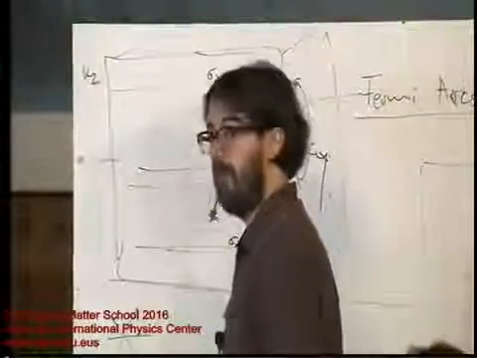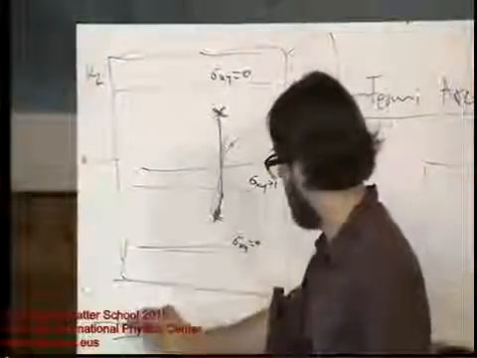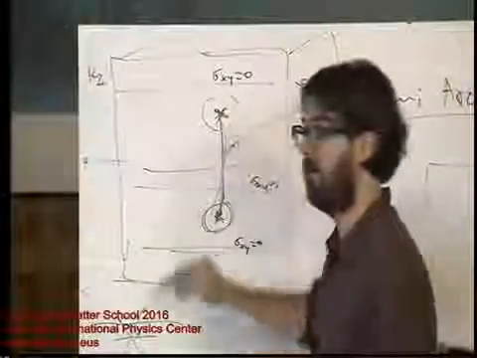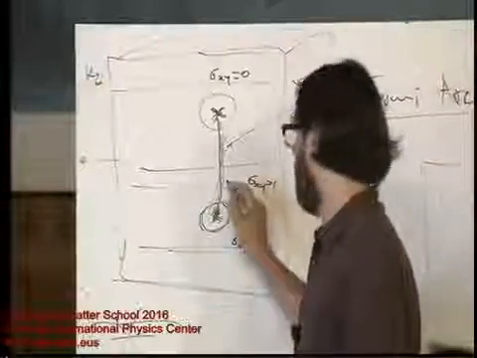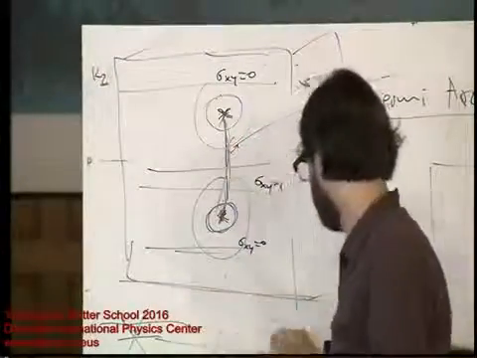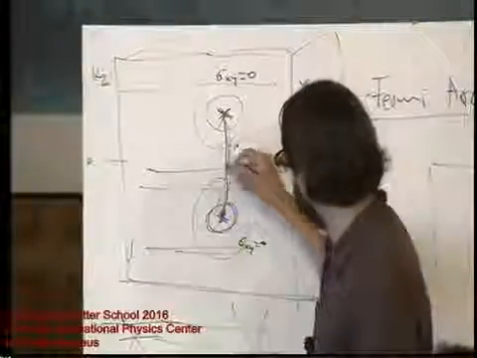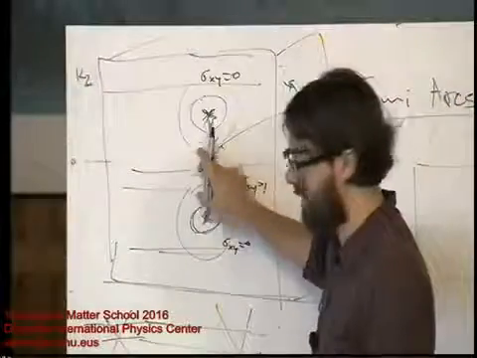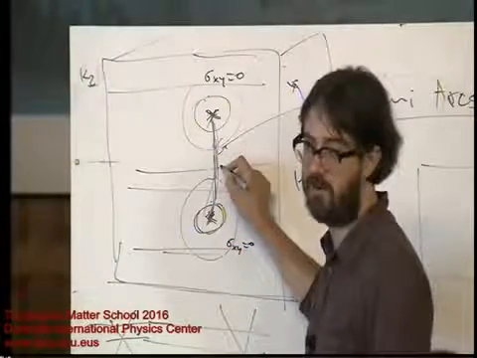But I can choose not to do that. Okay, I can choose to pick my Fermi energy to sit here. Now what happens is that now I have a Weyl Fermi surface, which is a sphere. I have another one here. But out of these ones, there's still a Fermi arc coming. Now, I can pick my Fermi surface to be even further, right? So there's a Weyl node here and here. I can pick my Fermi surface to be even further. The Fermi surfaces will get bigger, but as long as the Fermi surfaces with two Weyls are disconnected in the bulk, there will be a Fermi arc coming from one and moving into the other. Does that make sense?